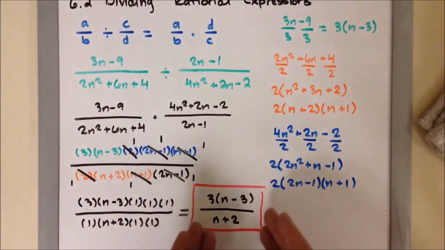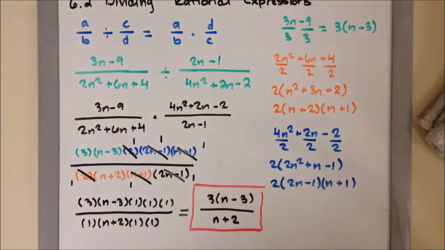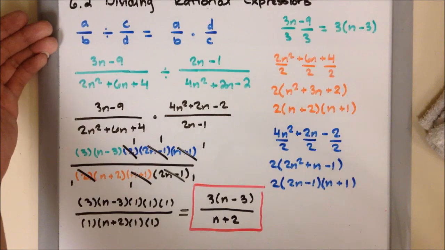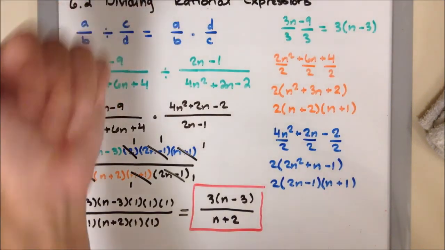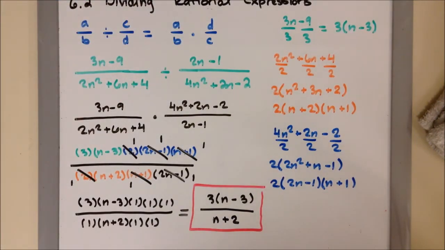The ones that did not are left behind, and this is our final answer. The only difference was, if you start with division, flip the second fraction, change it to multiplication, and then follow the same process as multiplying rational expressions.